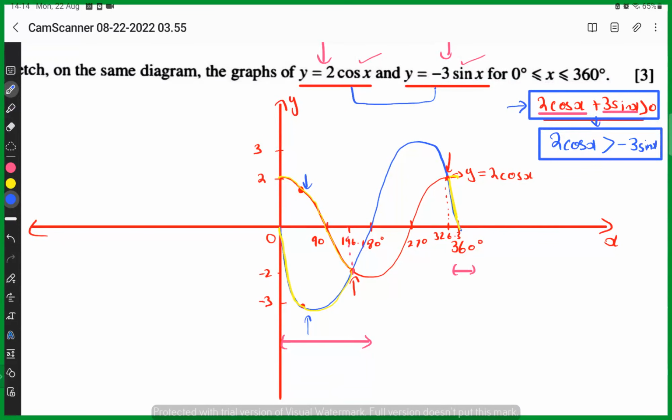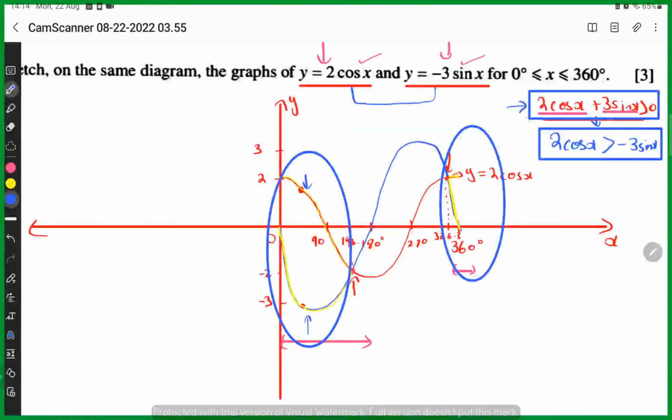Just focus on those points of the graph where the cos graph is above the sine graph. So it is the first part that I've made, this part exactly. And this part exactly.